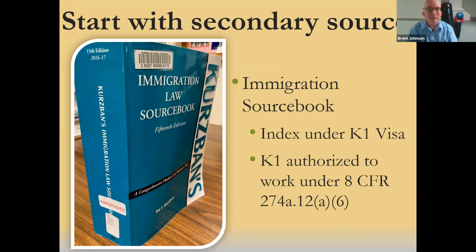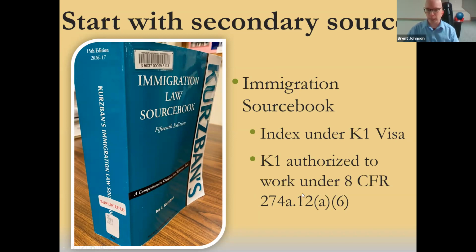So when I did this in real life, this is how I got my wife to America. I started with the secondary source, Immigration Law Sourcebook by Kurzban. This is the immigration law Bible. I was using Kurzban back in the late 90s.